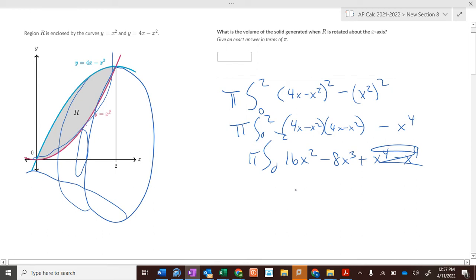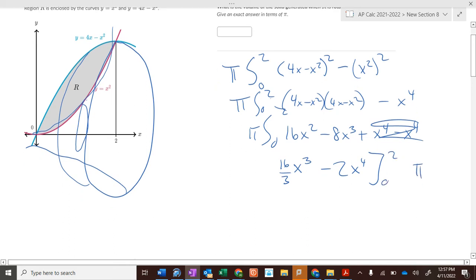And so if we integrate, we get 16 thirds x cubed minus 2x to the fourth, from 0 to 2 with a pi on it.